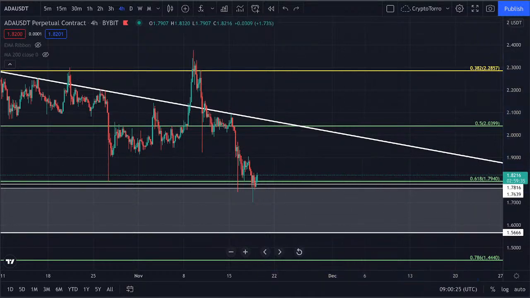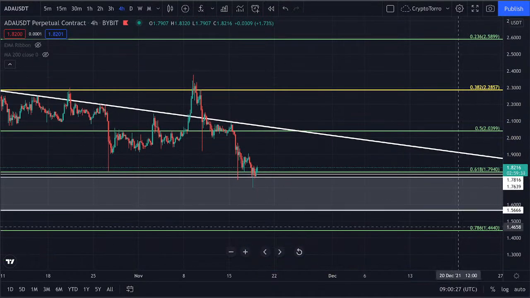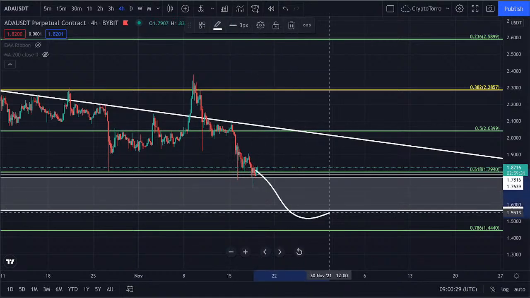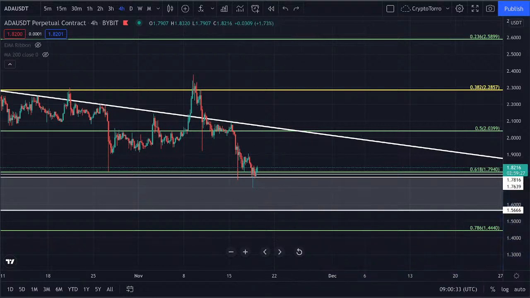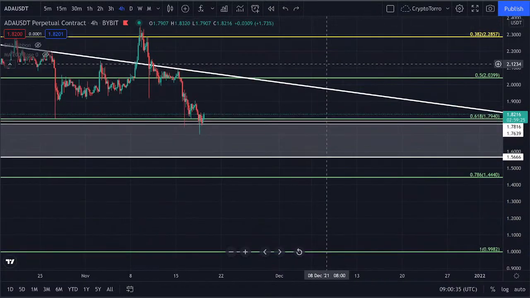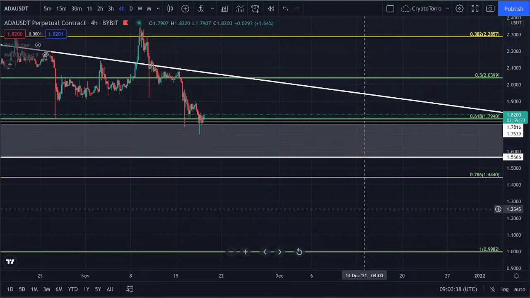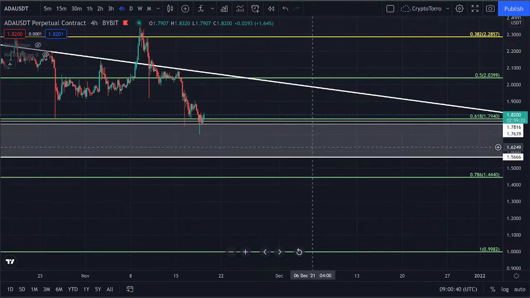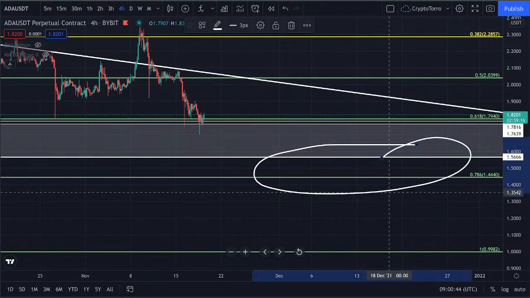But if we break down below the $1.56 area, I personally think that it is very good that you would like to take a look at Cardano once again, because it is very likely that you would like to reconsider once we break down below this range where Cardano will possibly be heading towards. This is not something I think will be highly likely to occur, but for sure, I'm just telling you this because you have to be careful.